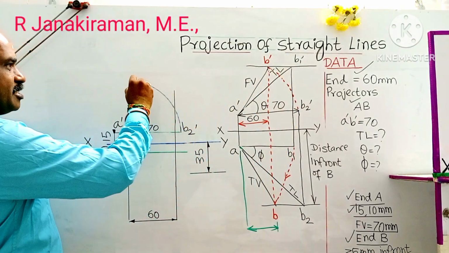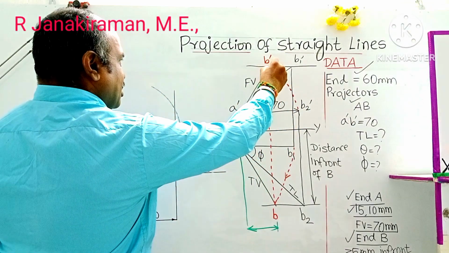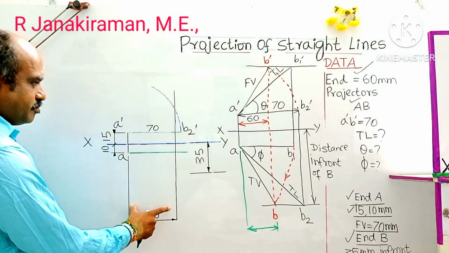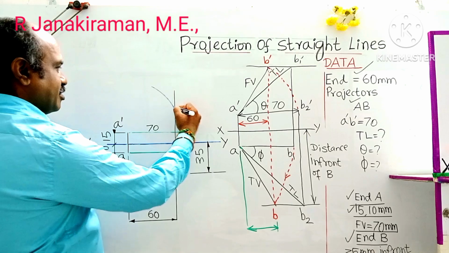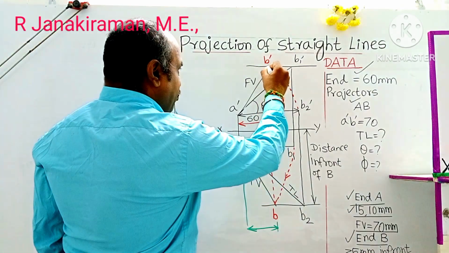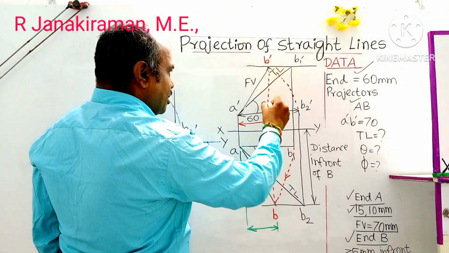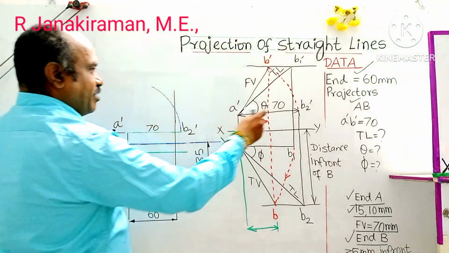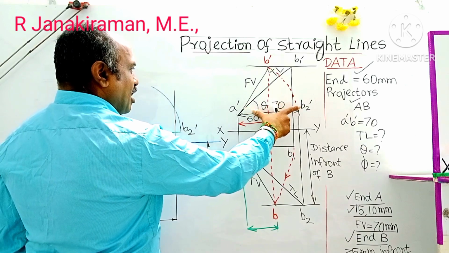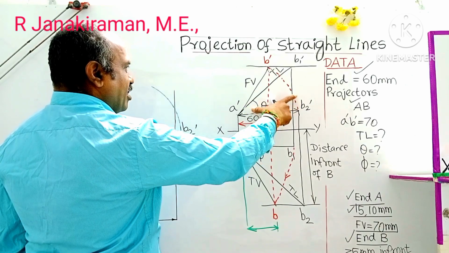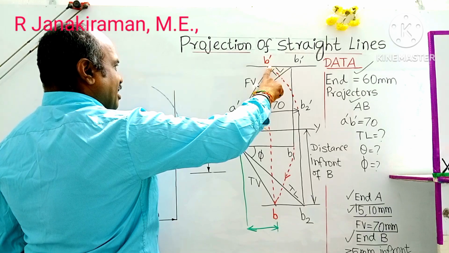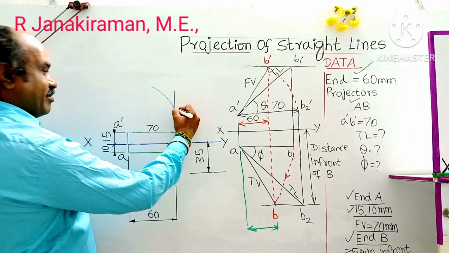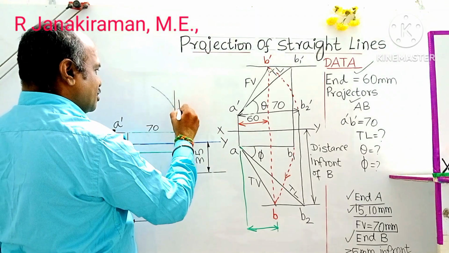This arc intersects with this vertical projector, the vertical projector for end point B. It intersects with this vertical line, the 60 mm line. This point shall be marked as B dash.